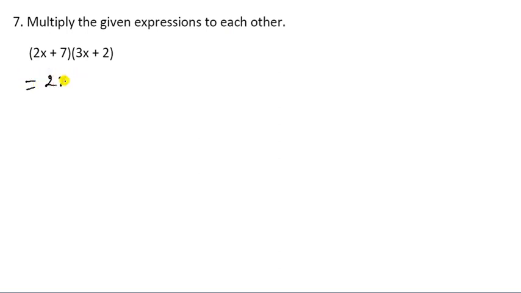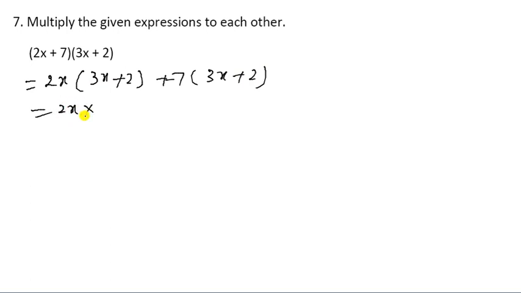Now come to this one. Multiply the given expressions with each other. So how can we multiply? First of all, apply the distribution law. 2x plus 7 is multiplied to 3x plus 2.